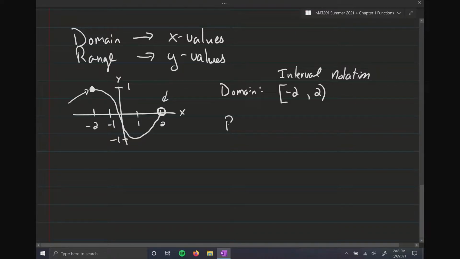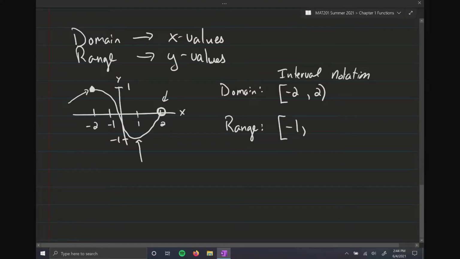My range is going to be the y values. So in other words, how high does this graph get and how low does this graph get? As you can see right here, that's the value y equals -1, and that's going to be the lowest value, the smallest value. And since my graph, and you're going to hear this a lot, is smooth and has a continuous curve, I can include that.